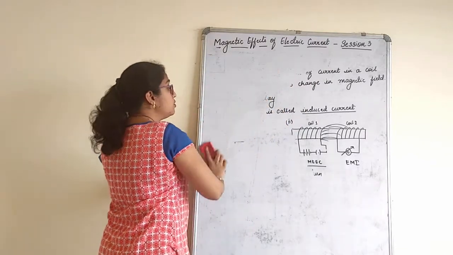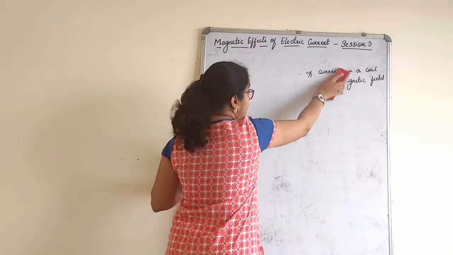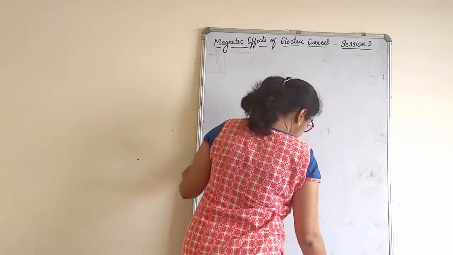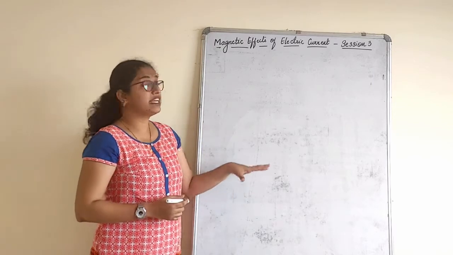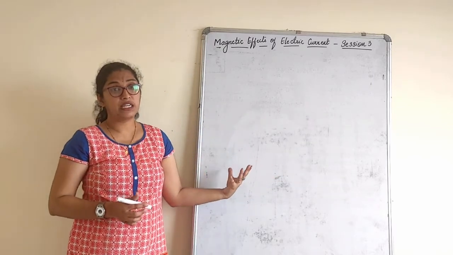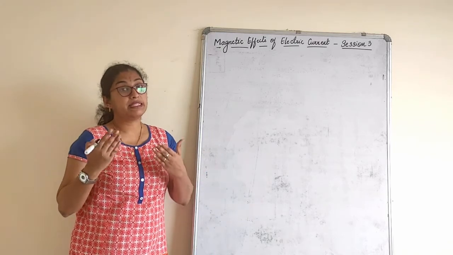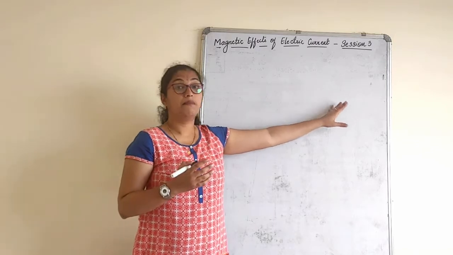Fleming's right hand rule is also called the generator rule. In the beginning itself we discussed the two things in the chapter we are studying: the magnetic effect of electric current and electromagnetic induction. The magnetic effect of electric current works on Fleming's left hand rule, and its application is the motor.